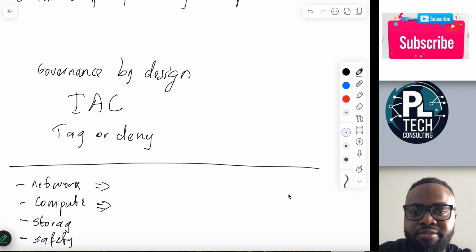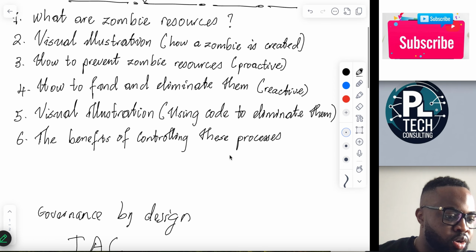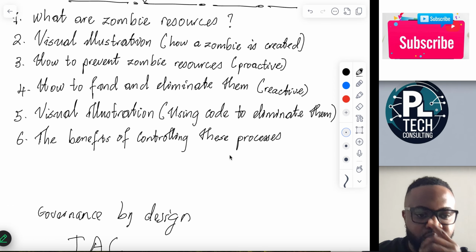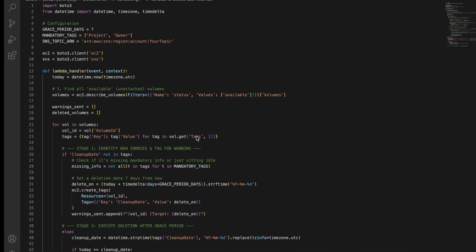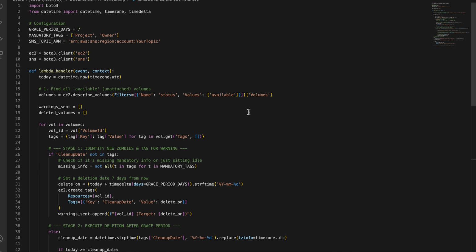Now, for number 5, which is a visual illustration, I wrote a little Lambda function to show you how you could safeguard an environment this way. Okay. So for this one, you see I declare what the mandatory tags are, which is just project and owner.